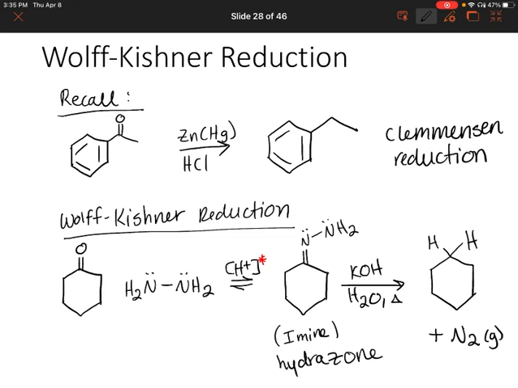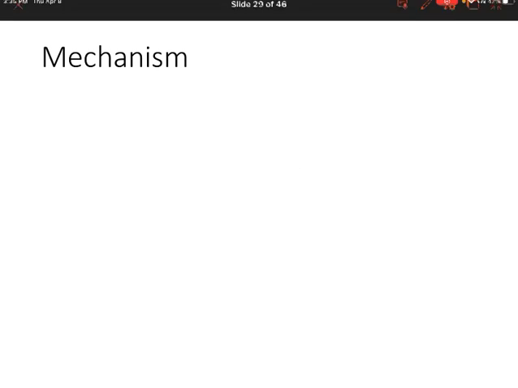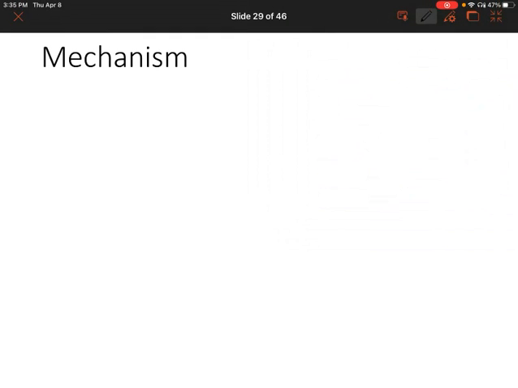Okay, so let's look at the mechanism for this reaction. So we'll just start with our hydrazone or imine and work from there. Actually, let me draw the full structure here.